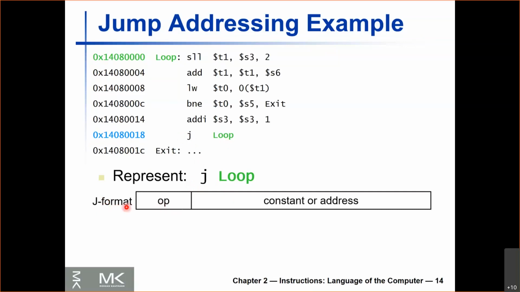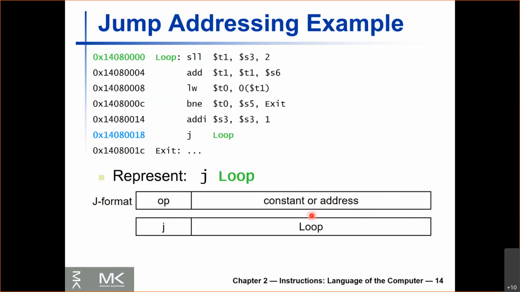The J format has 2 parts: the opcode and the 26 bits for the constant or address, or the label in this case. The opcode is going to be the opcode of the J instruction, and then the constant or address is whatever we're going to use to represent loop. So here we need some way to represent the loop label.